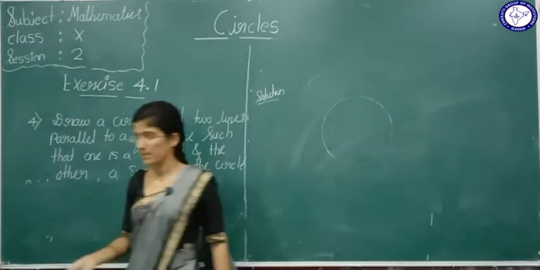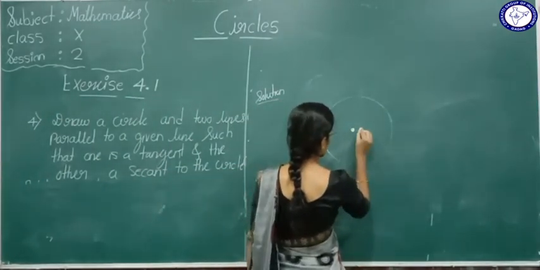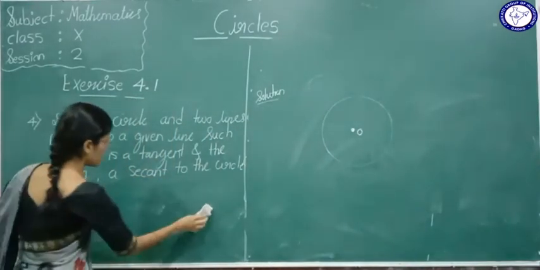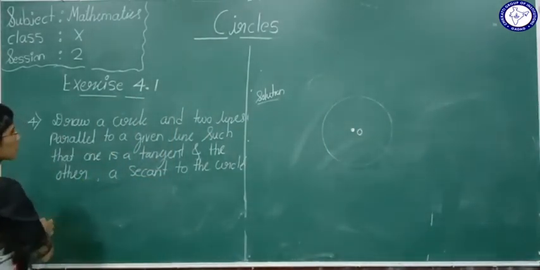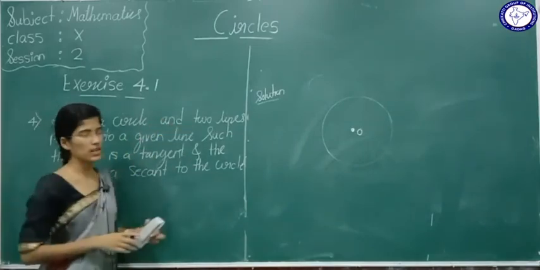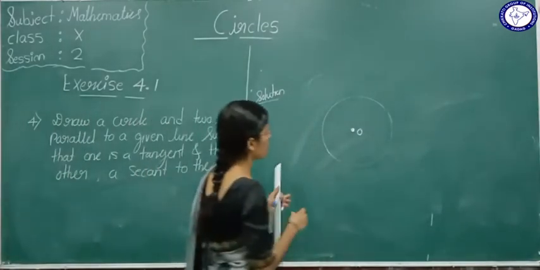Okay, this is the circle, the center O. They told to draw a circle and two lines parallel to a given line. So this is a circle with center O.